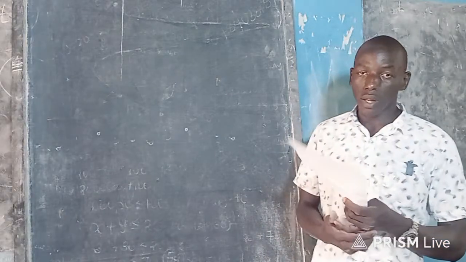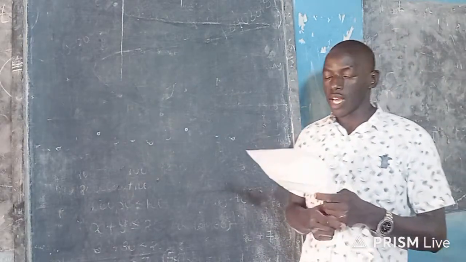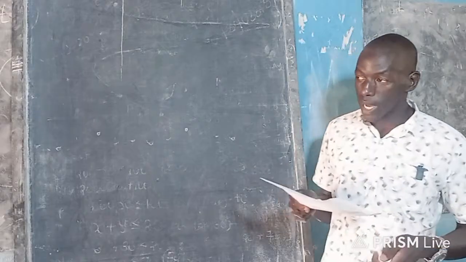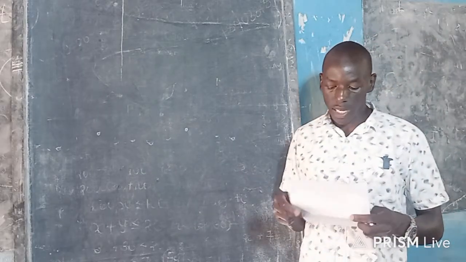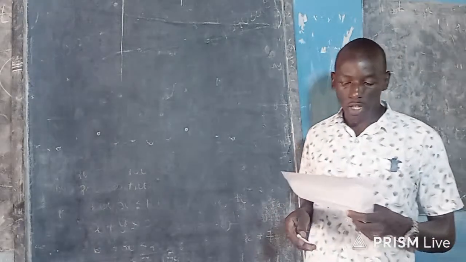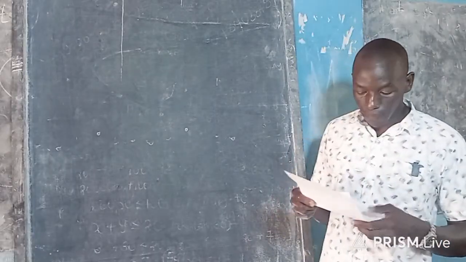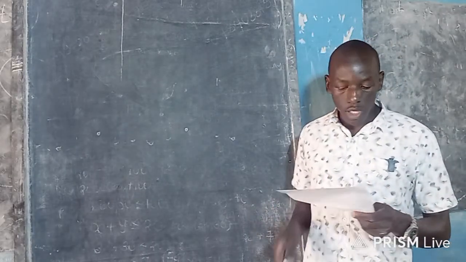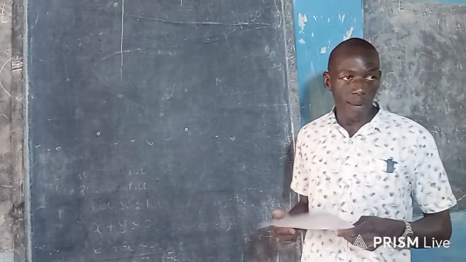In the second part, the question is talking about the trapezium rule, where they want us to find the approximate value, but the approximated value should be less than 4 square units. And in the last part, they are talking about the error.